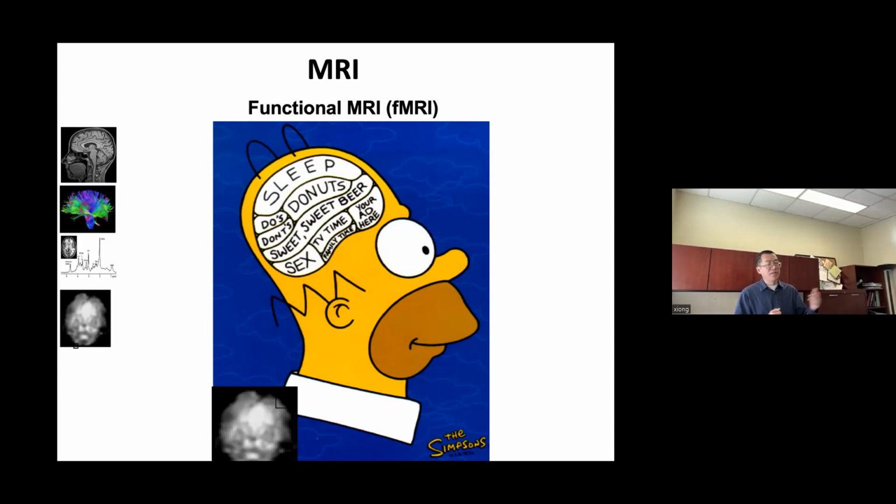But functional MRI also has its limitations, because many factors can affect how functional MRI responds in patients. For example, for a structural MRI, if you scan patients today or tomorrow, you would expect it to be pretty much the same. But for functional MRI, it depends on whether this person had a good sleep, or drank a cup of coffee, or is in a good mood or bad mood.